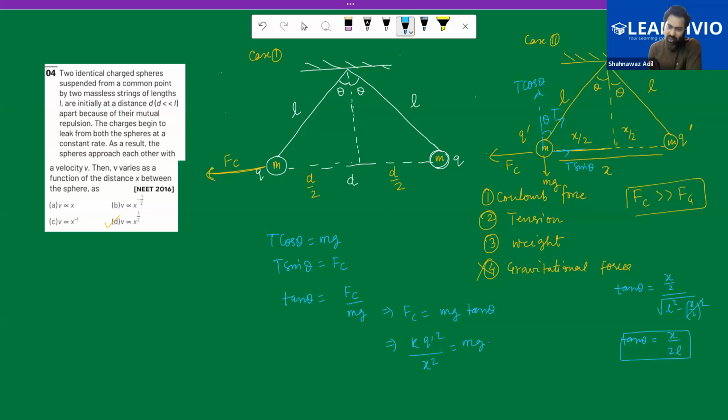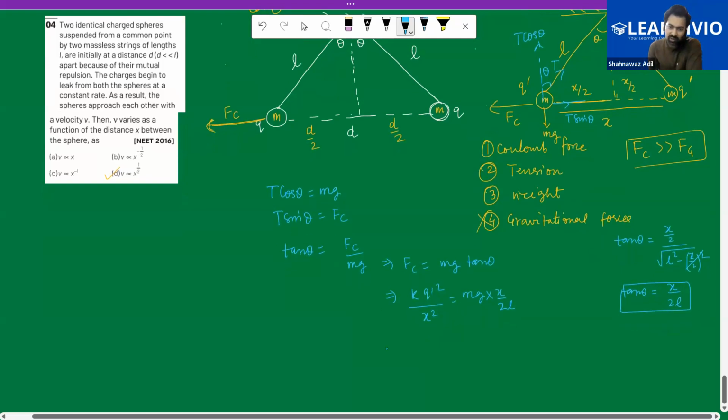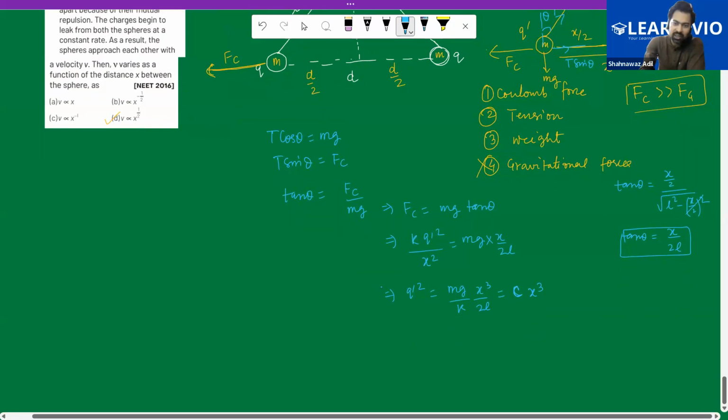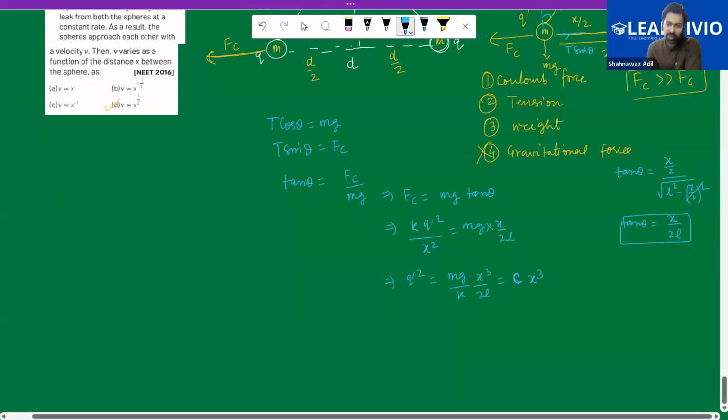If I put this value in here, q prime square is mg by k times x cube by 2L. So this is mg by 2kL, and I can write it as a constant times x cube. So how much is q prime square?